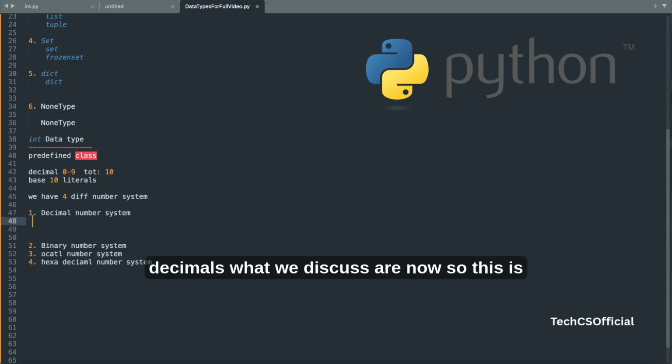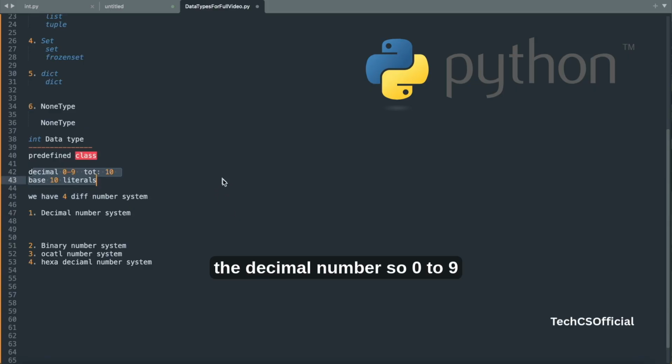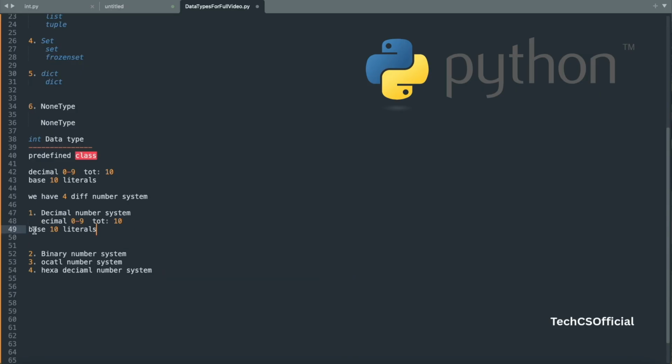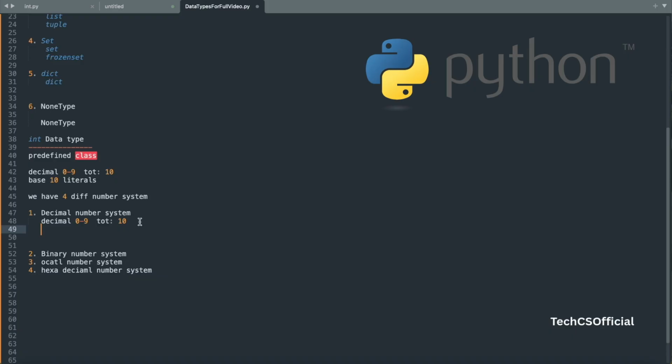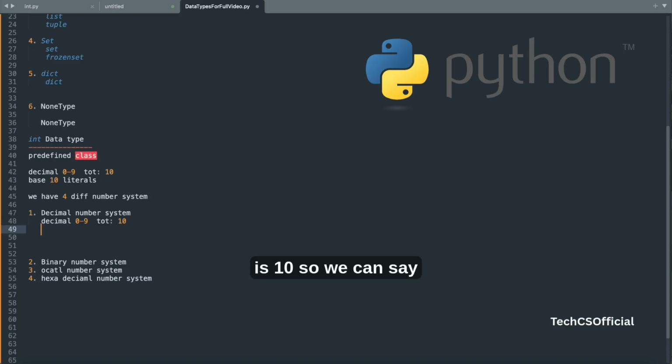So decimals, what we discussed now, this is the decimal number. 0 to 9 comes under the decimal numbers. Decimals 0 to 9, total is 10. We can say the base digits: 0 1 2 3 4 5 6 7 8 and 9.